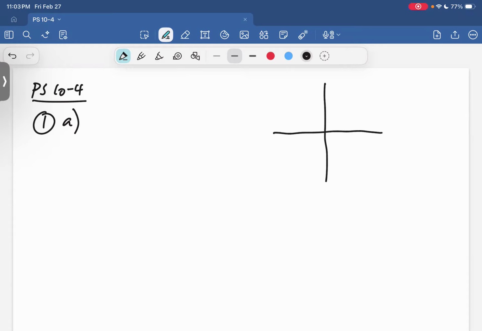Question B. It's the same thing, except now it's horizontal. So the vertices are here at 4, 0 and -4, 0. My foci are there. So center is still 0, 0, but now a equals 4 and c equals 6.